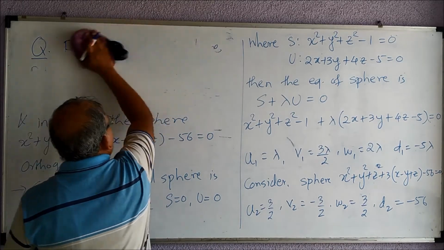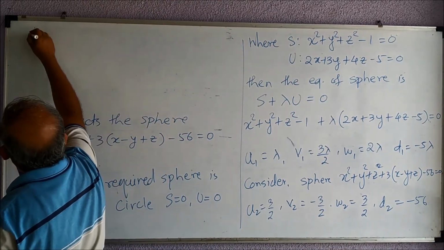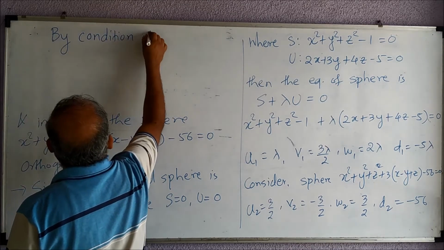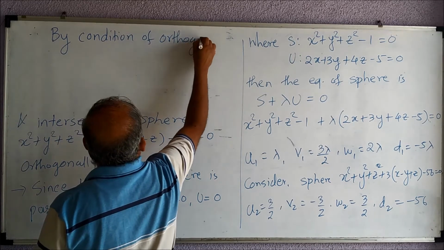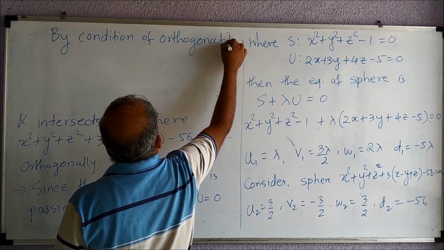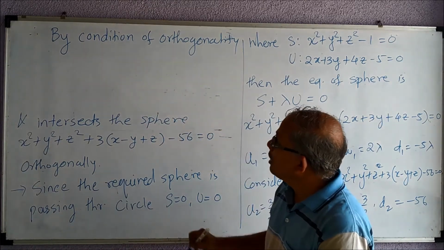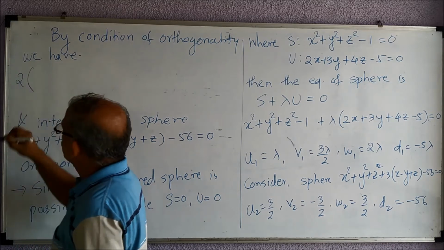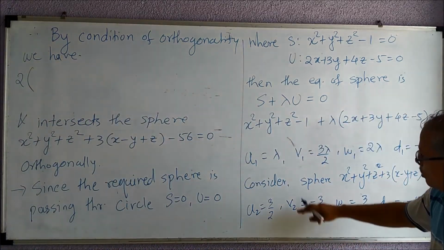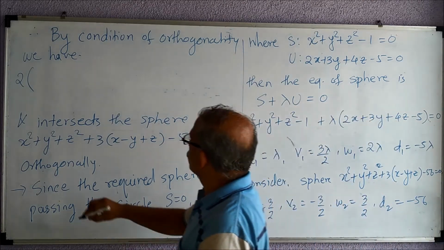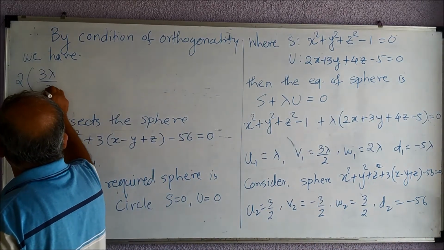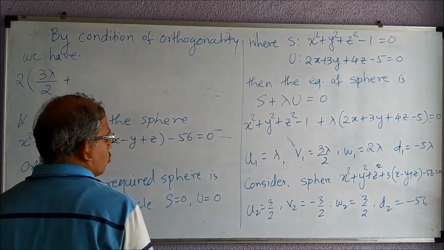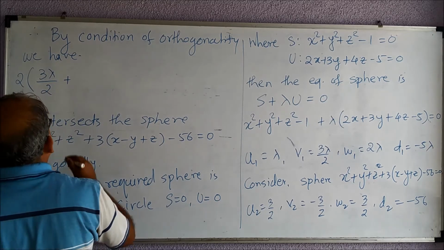Therefore, by the condition of orthogonality, we have 2 times u1 into u2. So u1 is this, u2 is this, so 3 lambda by 2 plus v1 into v2, so minus 9 lambda by 4.